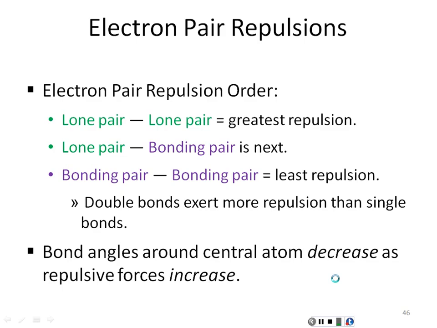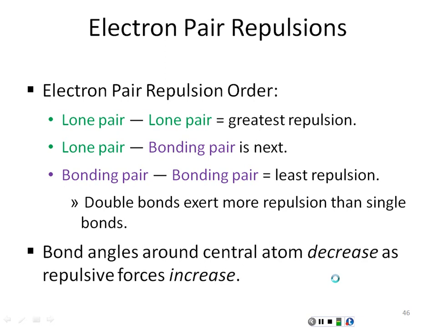So we've talked about the electron pair repulsions, but let's go into a little bit more detail. The greatest repulsion you can have is between a lone pair and another lone pair. Next is a lone pair and a bonding pair. And finally, a bonding pair and a bonding pair will give you the least repulsion. Double bonds, as you might expect, exert more repulsion than a single bond.